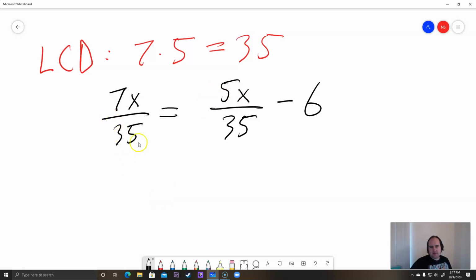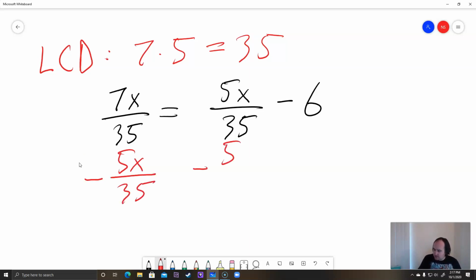Like I said, if you have a variable on both sides, it's usually easier to get rid of whatever coefficient is smaller. So 5 over 35 is smaller than 7 over 35, so we're going to get rid of this one. What's the opposite of adding 5x over 35? Subtracting 5x over 35. So we're going to subtract 5x over 35 from both sides.